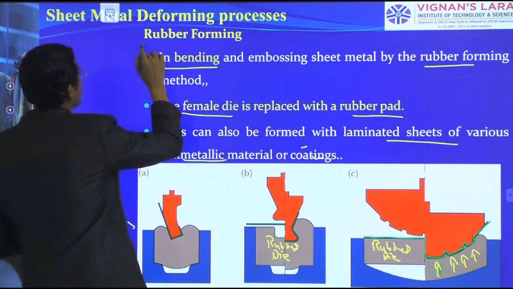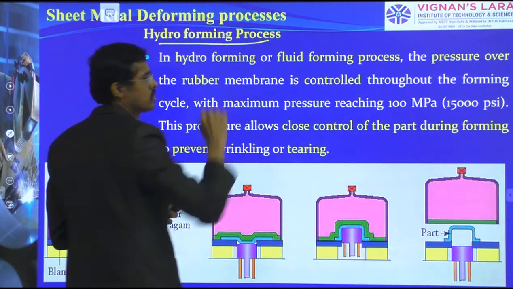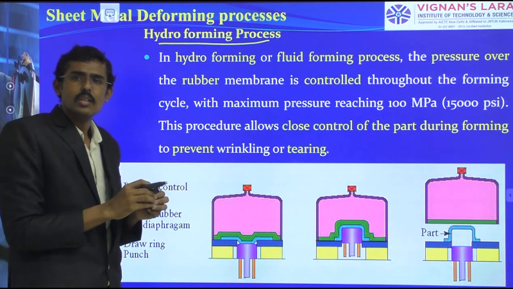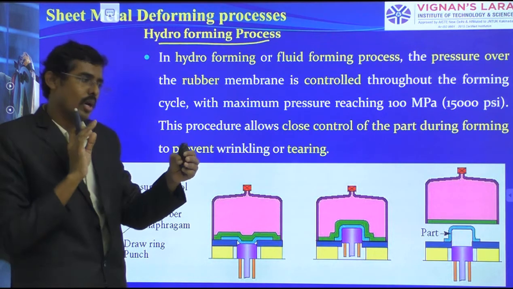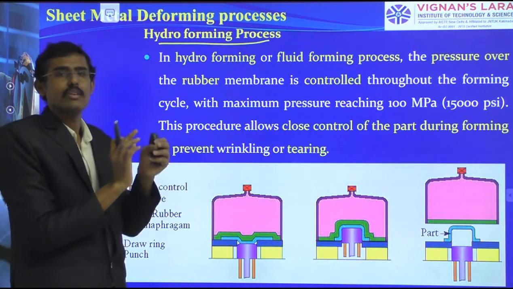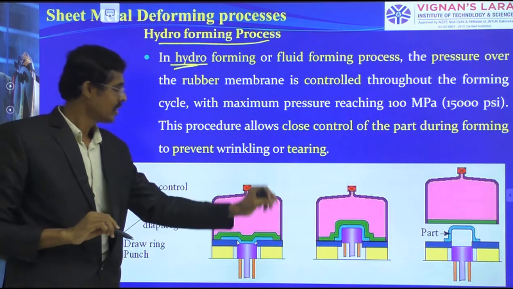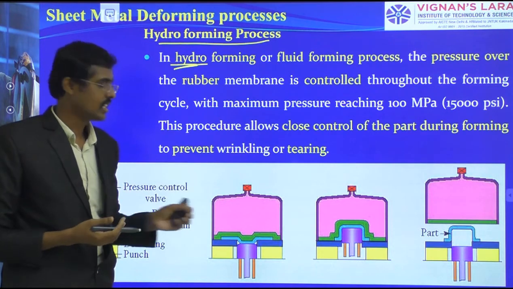Now we have seen the rubber pad forming. Now I am coming to the hydroforming process. The name says it is hydro. We are going to use it on the punch to avoid the frictional heat, to avoid the gripness, and to reduce the force. We are using some hydraulic fluid in between the punch and the die. It's very simple.